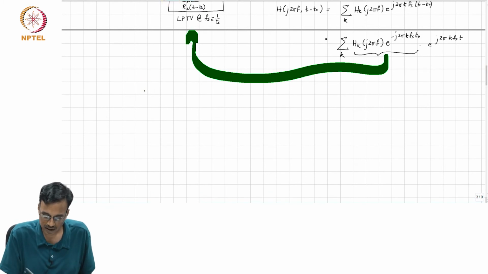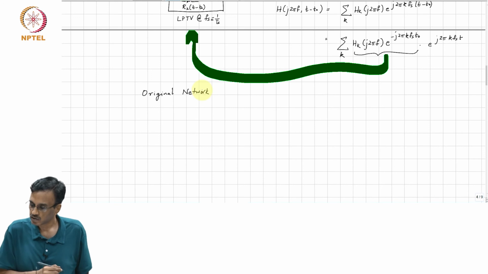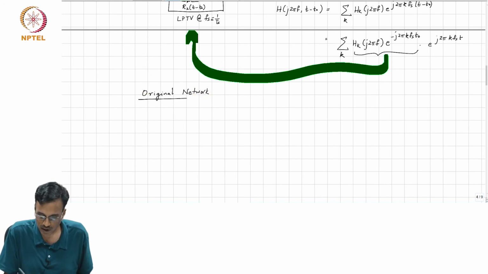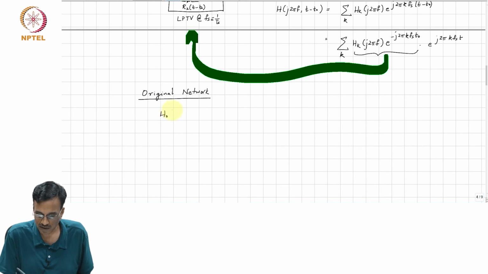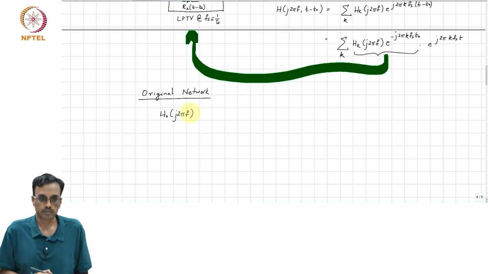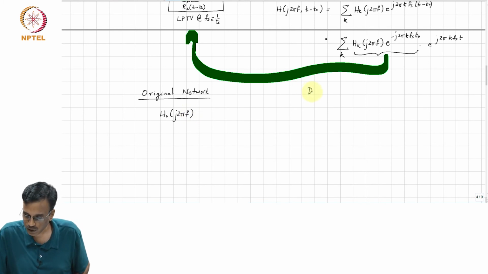So, let us write down the harmonic transfer functions. So, this is the original network. The 0th order harmonic transfer function was H0 of j2 pi f. With the delayed network, what do we see?